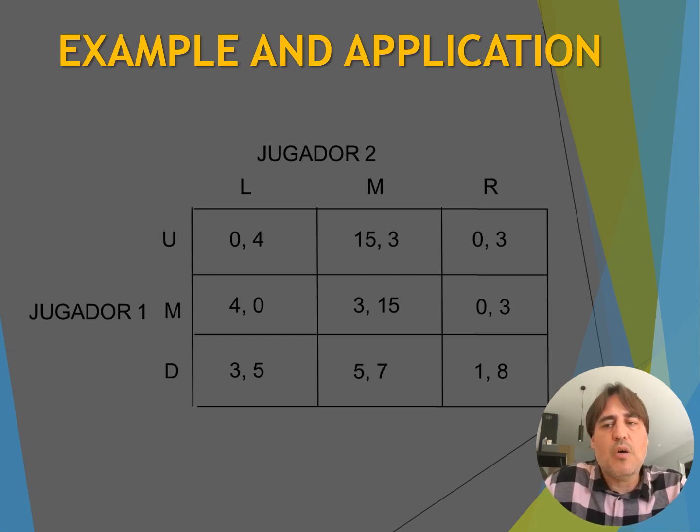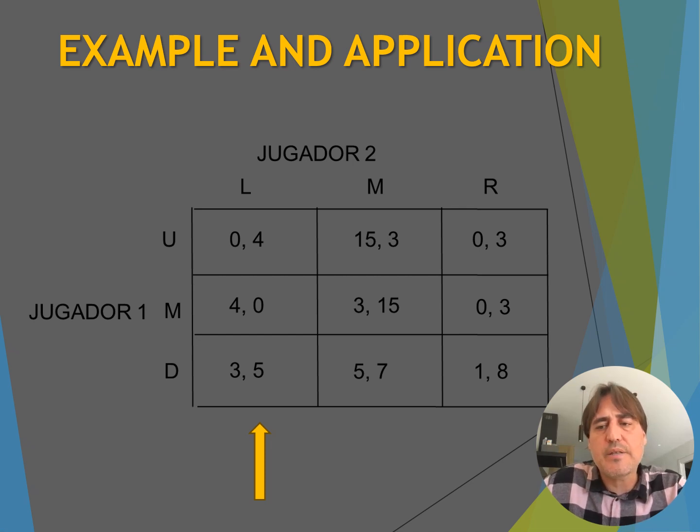If the first payoff in a cell is the highest in its column and the second payoff is the highest in its row, then the corresponding strategy pair is a Nash equilibrium, assuming, as defined in previous videos, that the first payoff in each cell corresponds to the row player. Let's start by finding the highest payoff for player 1 when player 2 plays the strategy L, that is, the first column on the screen.